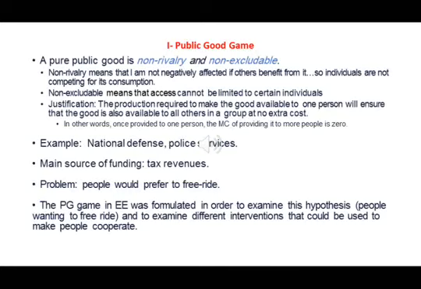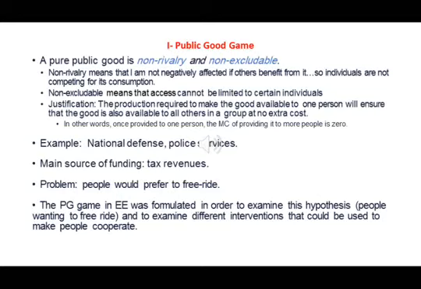However, we have a problem here, that people would prefer to free ride and not pay their fair share of tax to the government. They would want to evade taxes and leave others to pay their taxes, and at the same time they will be benefiting from the pure public good without paying any cost for it.